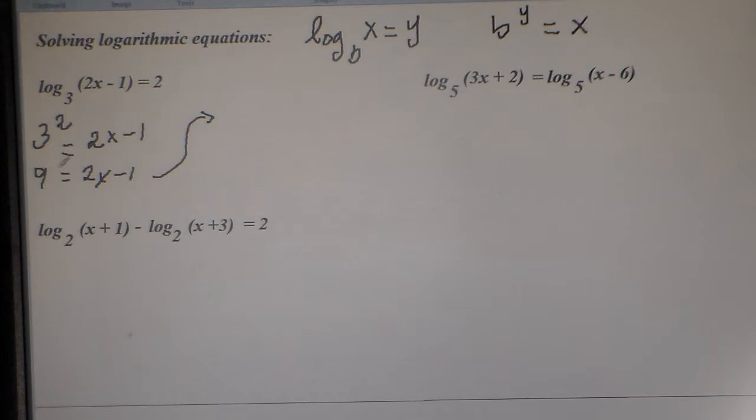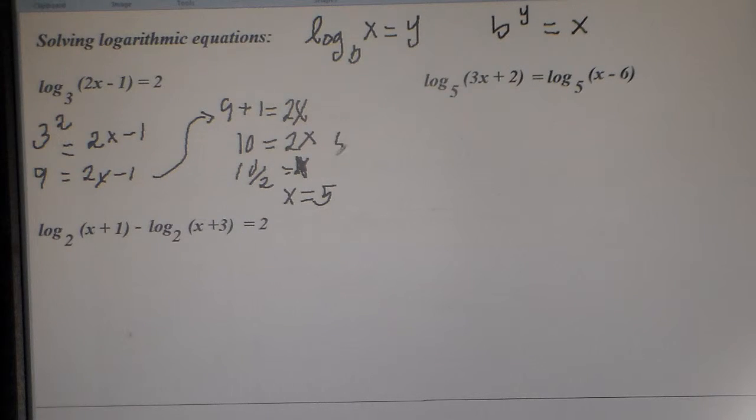Then we bring the 1 to the left, adding 9 plus 1 equals 2x. Then 9 plus 1 is 10 equals 2x, and 10 over 2 equals x. Then x would be 5.